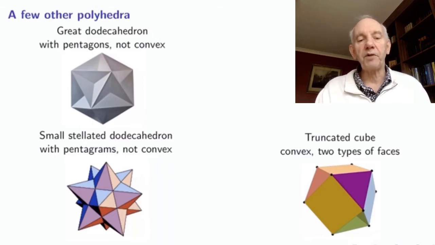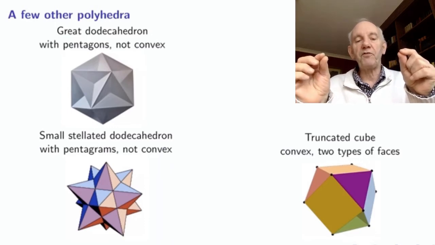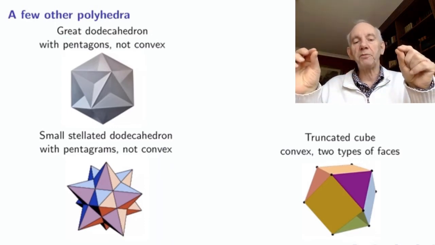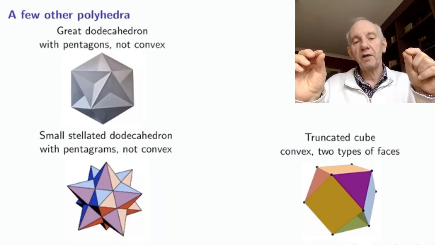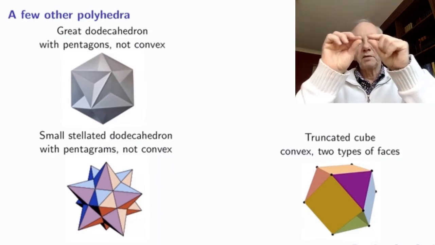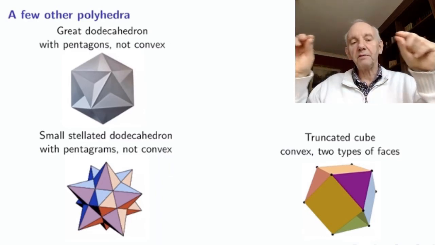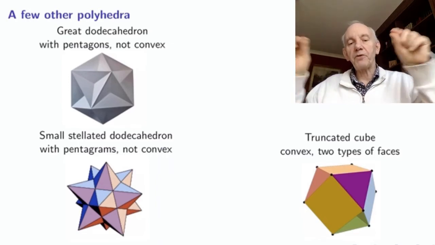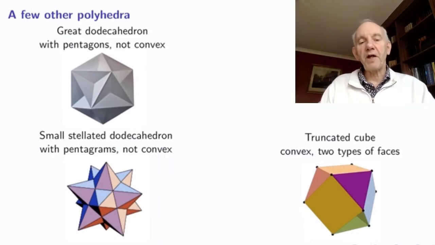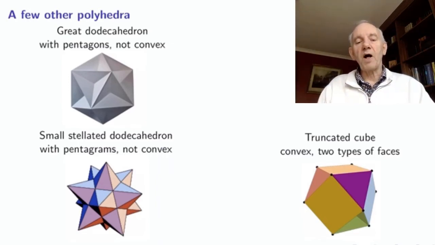You can easily see that you can find 2 points on the surface of the solid for which the straight line between those 2 points does not lie in the solid. Think of taking a phone wire, a cable, and pulling it tight between 2 points. In both cases, the wire goes outside the solid, so the solid is not convex.